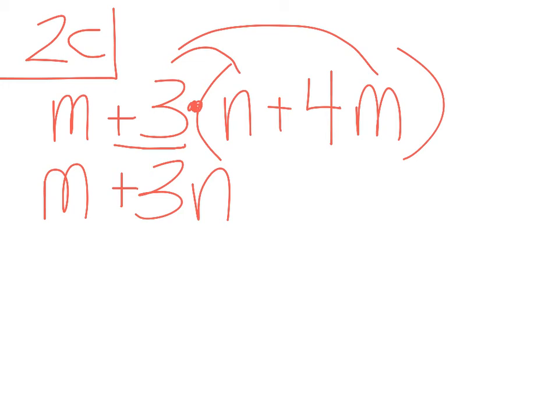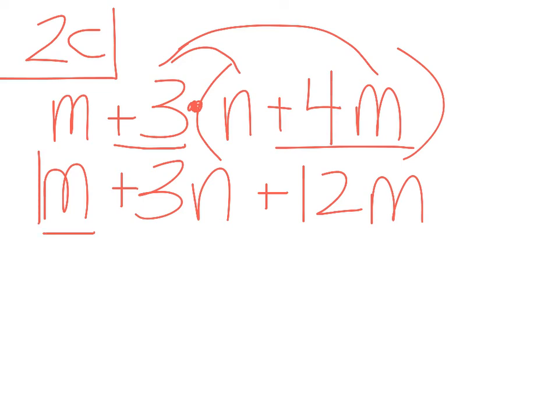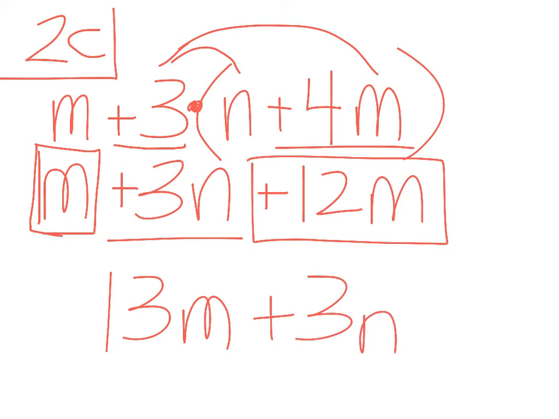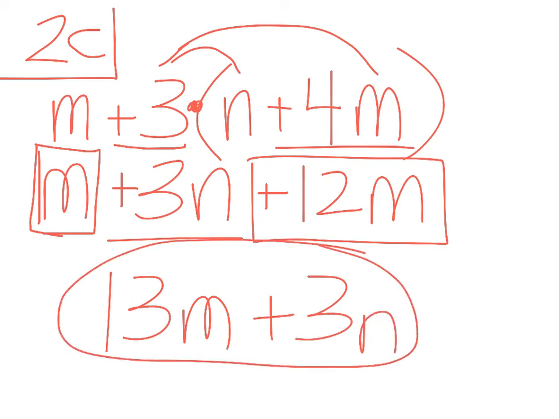Then I'm going to take positive 3 and multiply by positive 4m, and I end up with positive 12m. Now I can put a 1 in front of this m. Now I can combine like terms. So 1m plus 12m is 13m, and then I've got a plus 3n. That's not alike with the m, so it drops down. Again, you can use the commutative property, flip it around, 3n plus 13m is another way you can write that one.